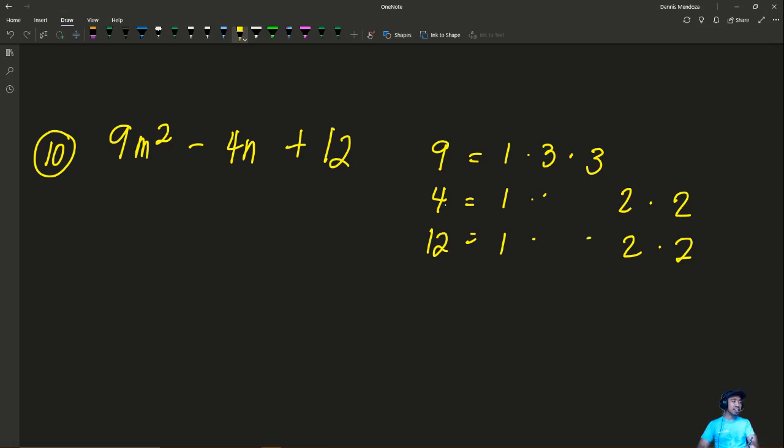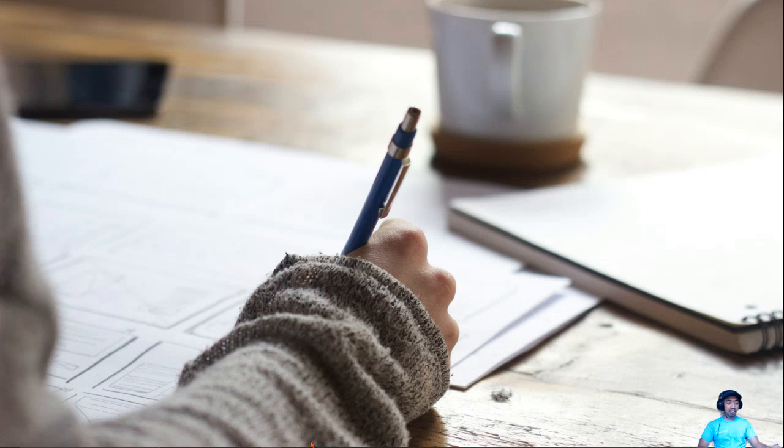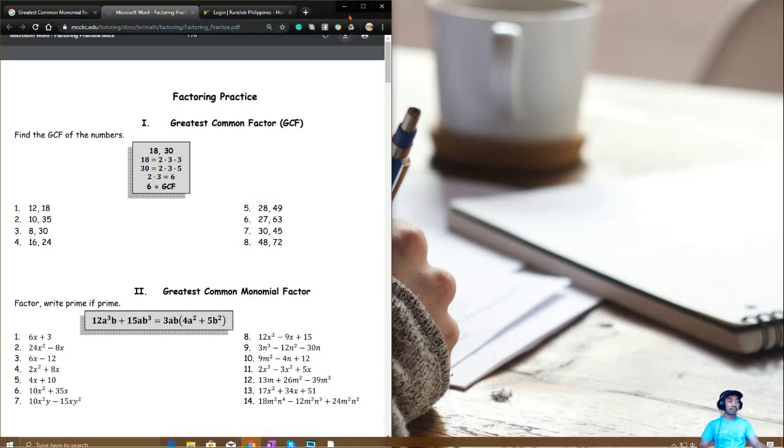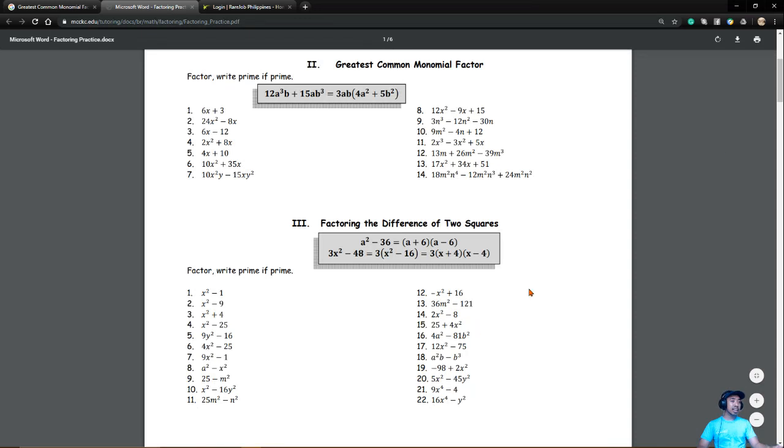And then here, so as you can see, there are no common factors there. Okay, so just leave it like that. So 9m squared minus 4n plus 12. Remember that greatest common monomial factor. So if there is no common among these terms, then there is no way we can factor it using greatest common monomial factor. Okay, so how about let's check number 10 in the key that was given here. Okay, so number 10 in test 2.